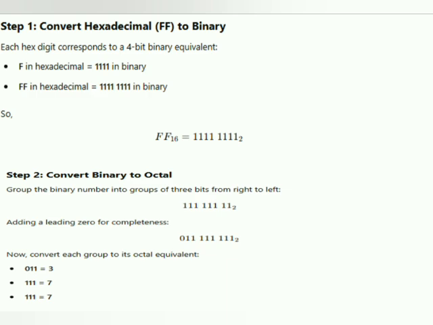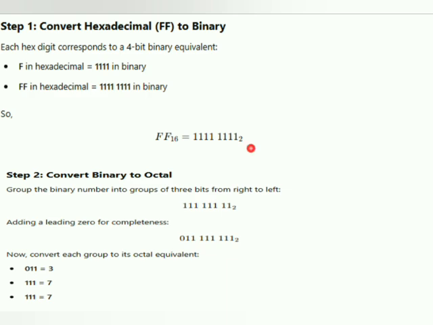Next, we have the binary number available here, and we have to convert it into its octal equivalent. Octal means 2 cubed, right? So we consider groups of 3 bits from right to left.